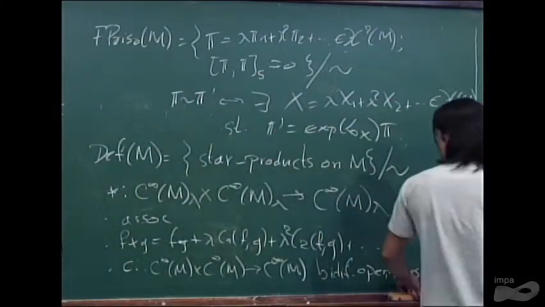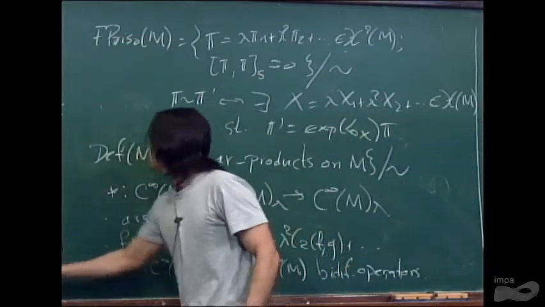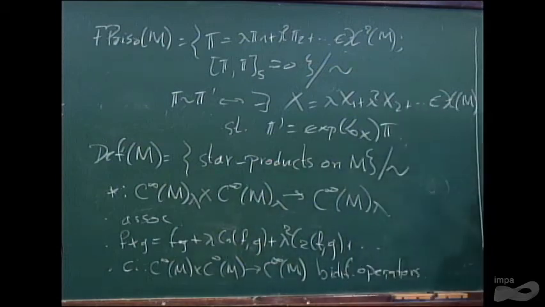And the notion of equivalence here is just an isomorphism, so you say that star is equivalent to star prime if there exists an isomorphism of this form.